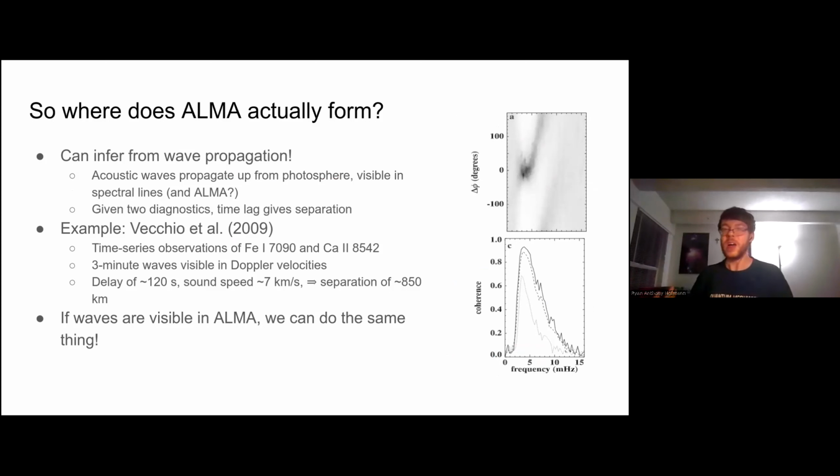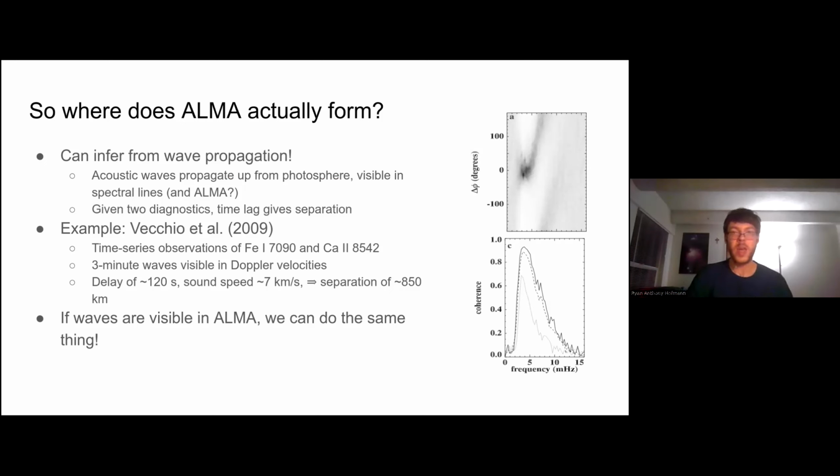So where does ALMA actually form? Well, the chromosphere more or less is the easy answer, but to get a better handle on where exactly it's coming from, especially as it varies over time and throughout space, you can try to infer that using wave propagation. So there's these acoustic waves that are produced by the convective motions lower in the sun's atmosphere.